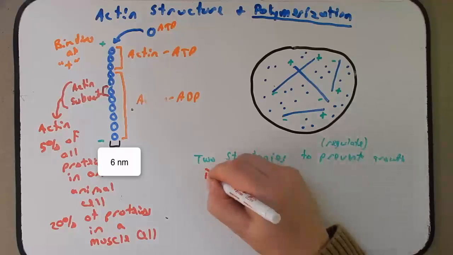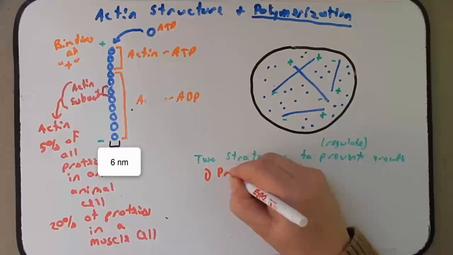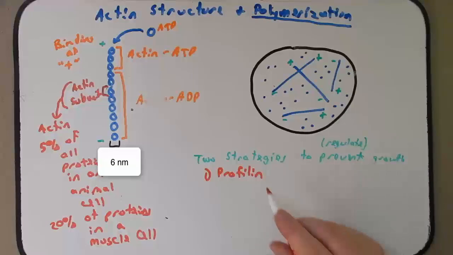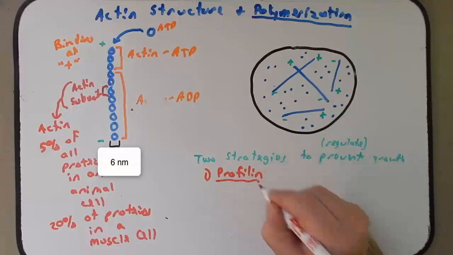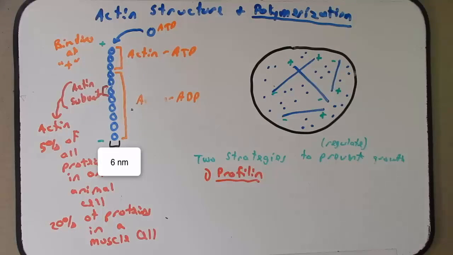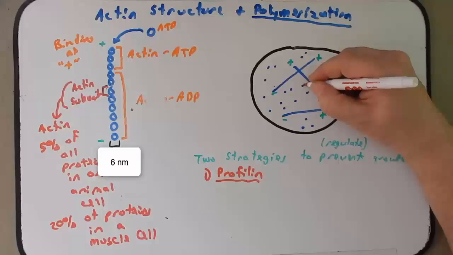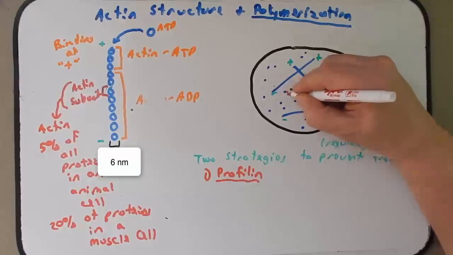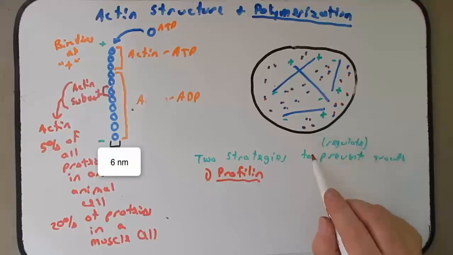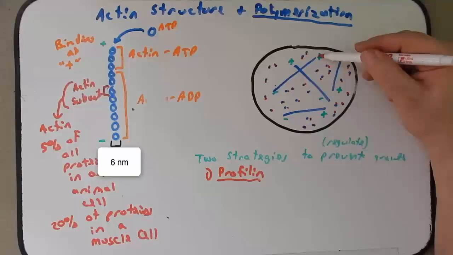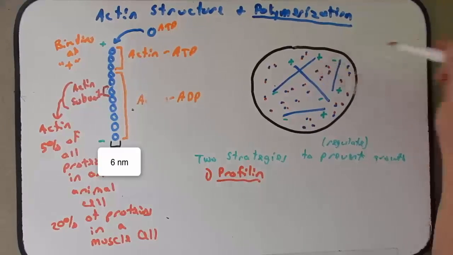The first is to use this protein called profilin. Profilin's not the only protein that can do this. There are several others. But for simplicity, I'm just going to talk about profilin. Now what profilin does is it will bind to each of these subunits, and as long as profilin is bound to these subunits, it is unable to add to the growing microfilament.